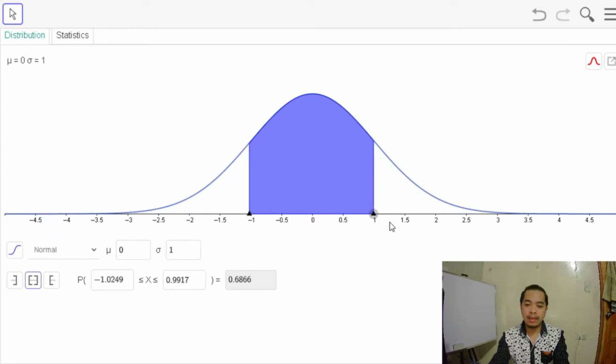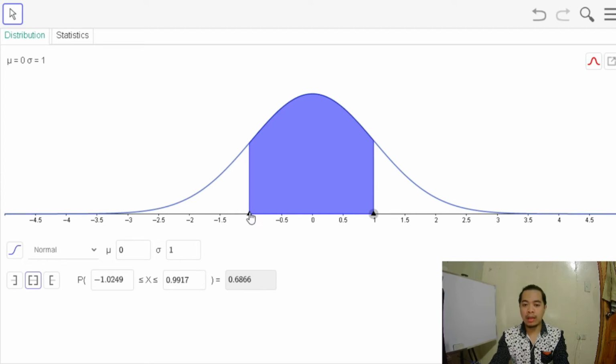And in statistics theory, we know that the area under the curve, so this is the distribution, gives us the probability of a particular number x to be either less than, equal, greater than, or in between two numbers.